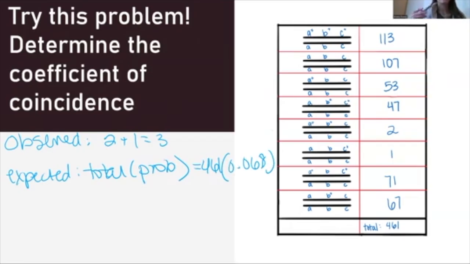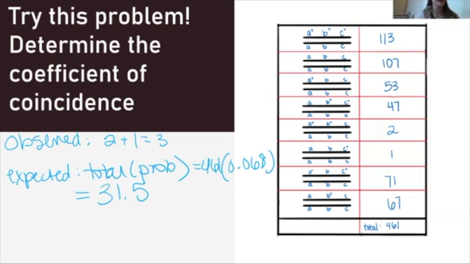We got that 0.068 in step 3 by multiplying the two recombination frequencies together between A and C and C and B. And so for expected, I expected to have 31.5 offspring with a double crossover event.